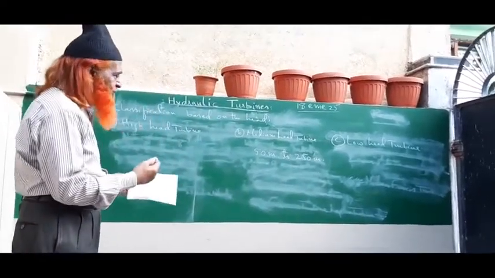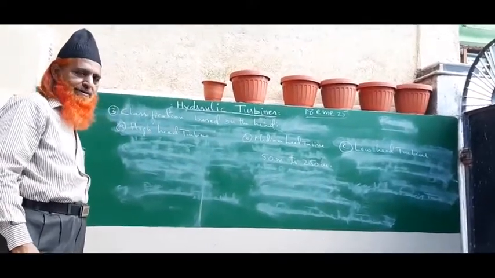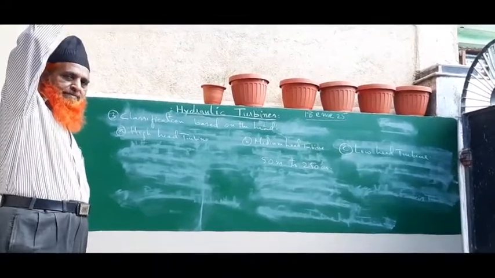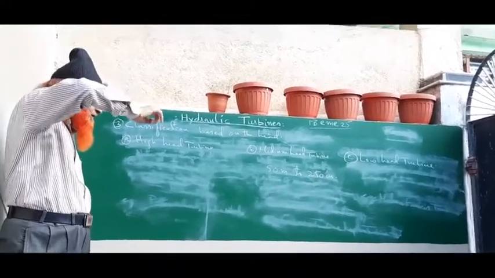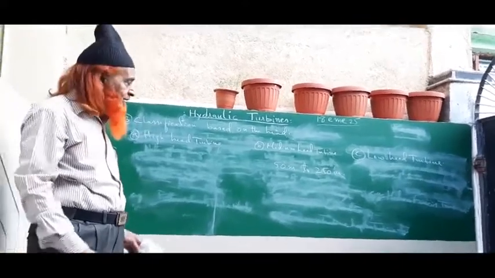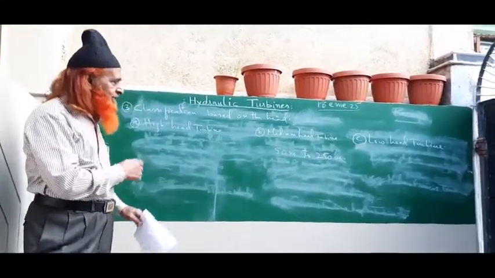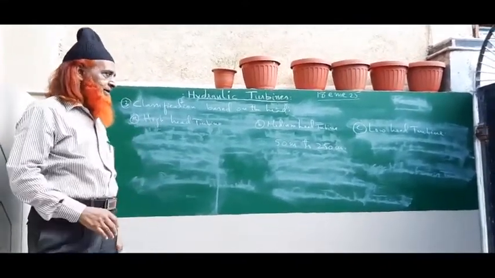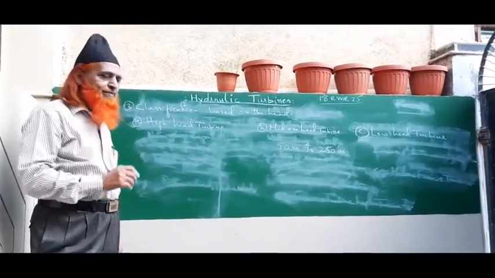So the dam being constructed in between 50 meters to 250 meters, it may be 100 meter, 200 meter, etc. And a turbine which works under this head is called a medium head turbine.